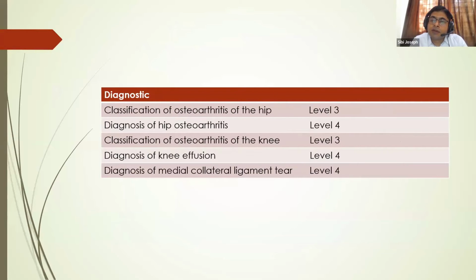Classification of osteoarthritis of the hip, level 3, diagnosis of hip osteoarthritis, level 4, classification of osteoarthritis of the knee, level 3, diagnosis of knee effusion, level 4, diagnosis of medial collateral ligament, level 3.